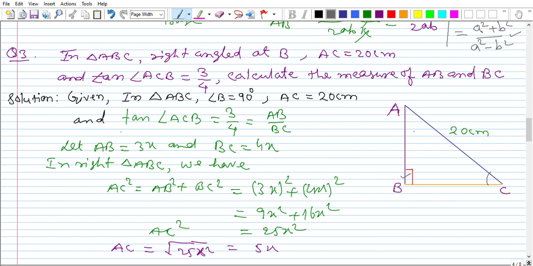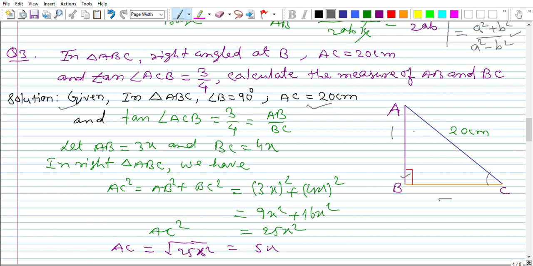So you first write the given: in triangle ABC, B equal to 90 degree, AC equal to 20 centimeter. Is that clear? And tan angle ACB, angle C is an acute angle, 3 by 4, AB by BC. Let AB equal to 3x and BC equal to 4x. In right triangle ABC, we have AC square equal to AB square plus BC square.